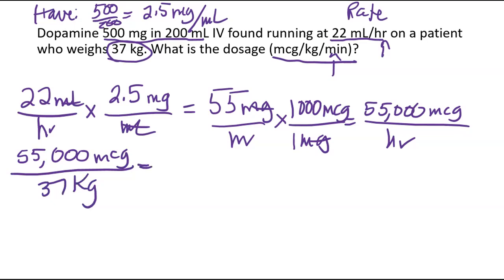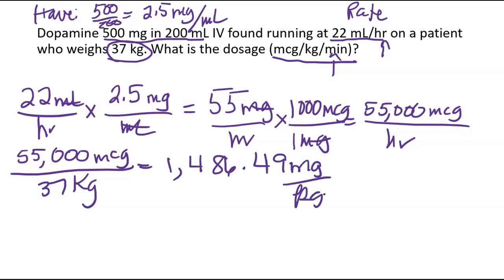And so you have 55,000 divided by 37, which will give you 1,486.49. And that's micrograms per kilogram. And this is per hour. Okay, we need minutes though, don't we? So let's look at minutes.